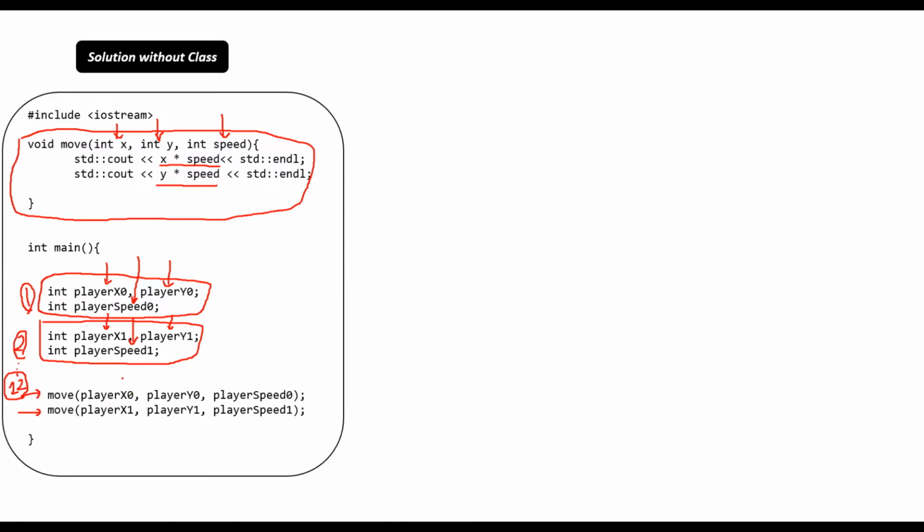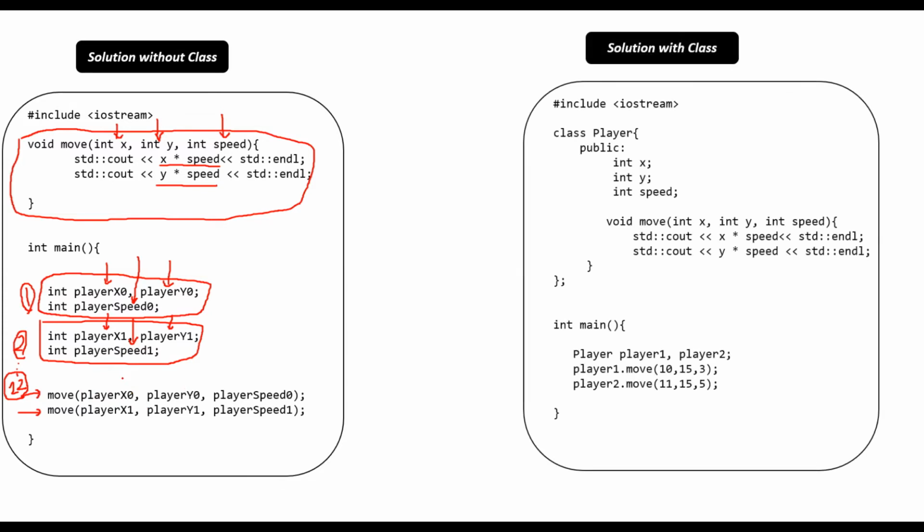So that is why we can make use of a class in C++. Let's solve this problem, the movement of the player, with a class, and you can see how this feature of object-oriented programming is going to be useful when we think about scalability.